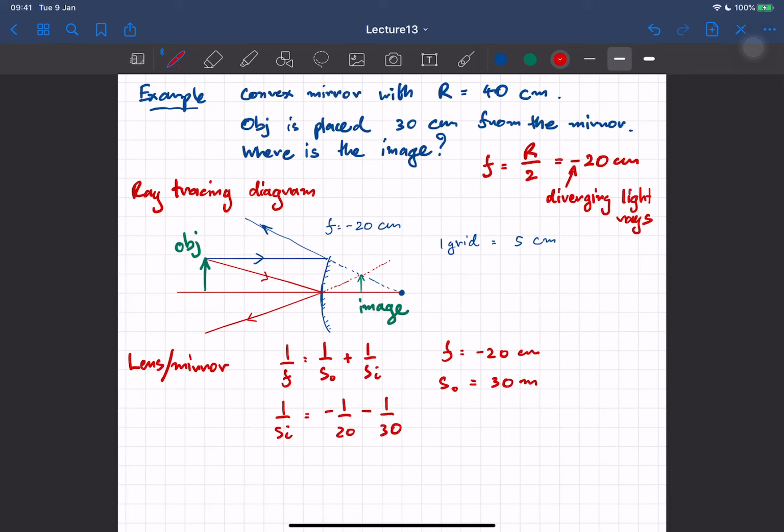Okay, so let me quickly calculate this. So you get s_i equal to minus 12, sorry. Okay, don't forget the minus sign.